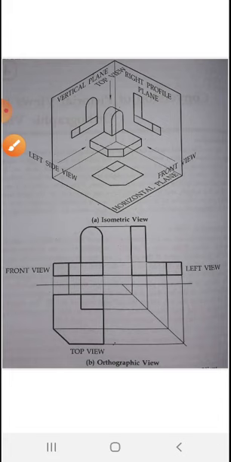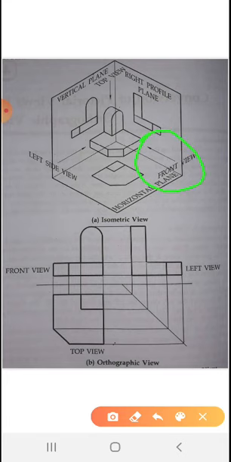I would like to discuss what the front view is. Front view is when the view of an object is projected on the vertical plane, then it is called the front view. This is the given direction of the front view.